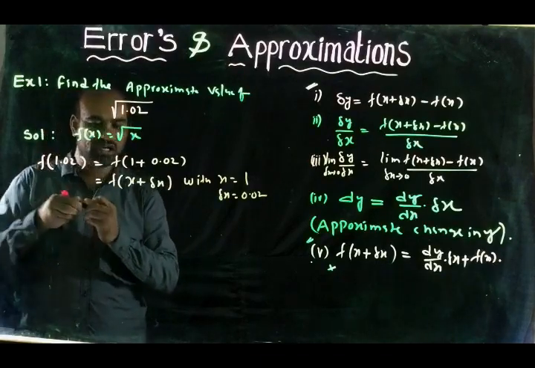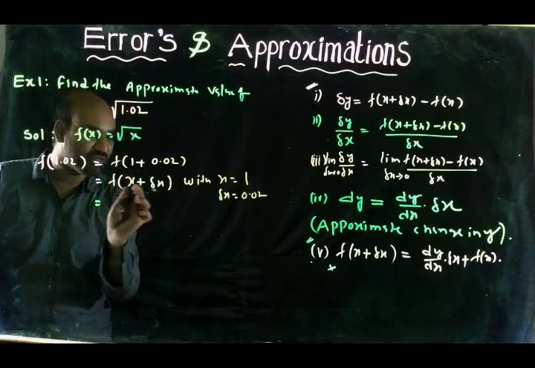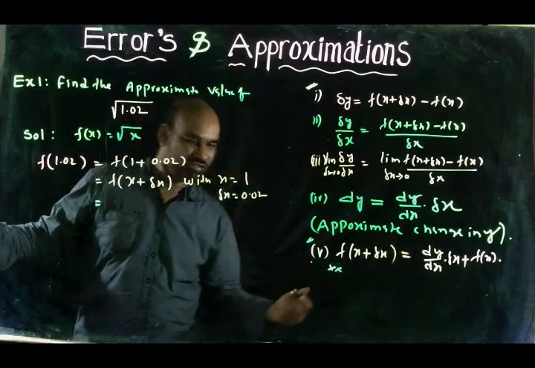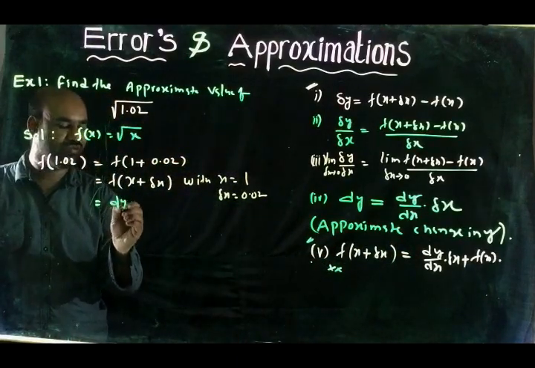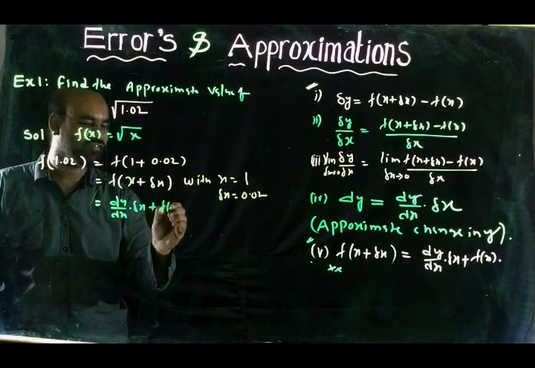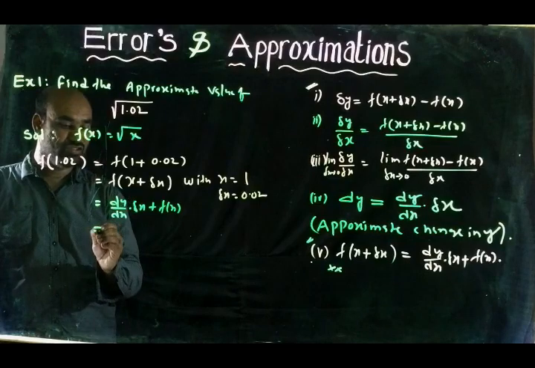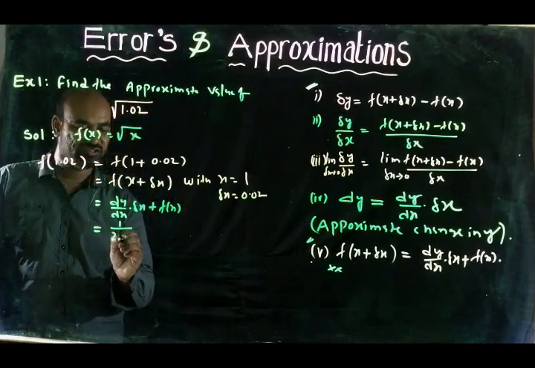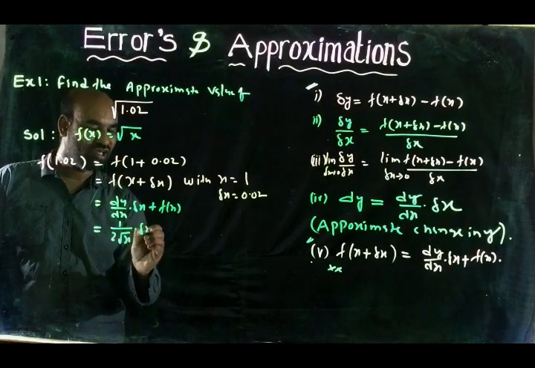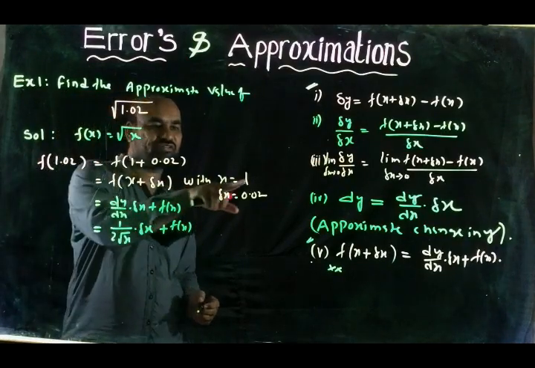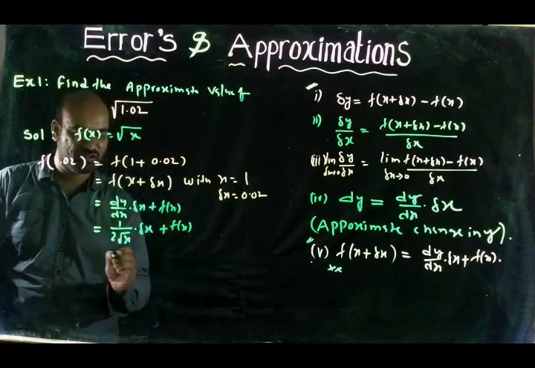So already you know that how to find f of x plus delta x. What is this? dy by dx into delta x plus f of x. So dy by dx, this is 1 by 2 root x into delta x plus f of x. Now I am substituting x is 1, delta x is 0.02.